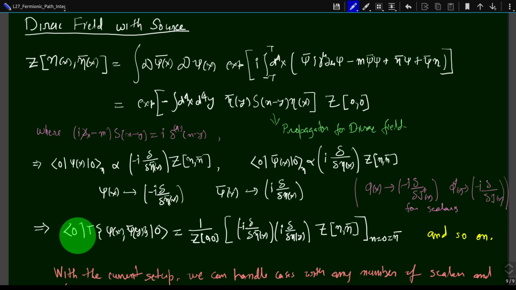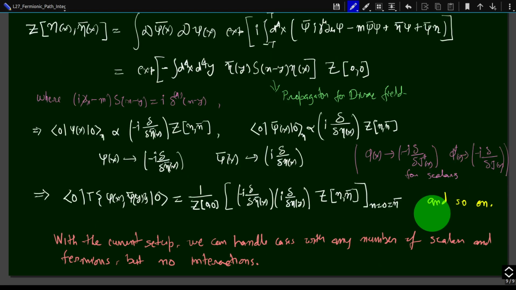So the 2-point correlation function in the path integral formalism for the Dirac field would be just 1 by Z0[0], with these derivatives acting on Z[eta, eta bar], and then you set eta equal to 0 equal to eta bar, and so on. All other things you can compute from here. With the current setup, we can handle any number of scalars and fermions, but without any interaction, because we have not yet discussed how to deal with the interaction.